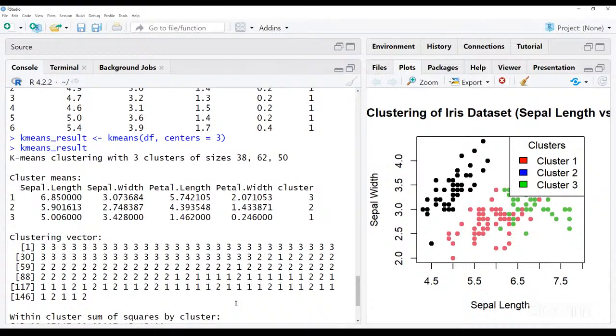Now you can find the green, that is cluster 3.